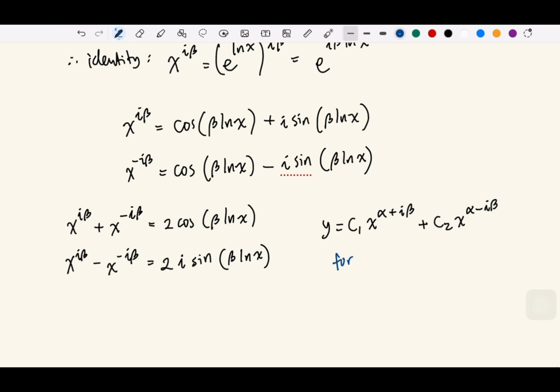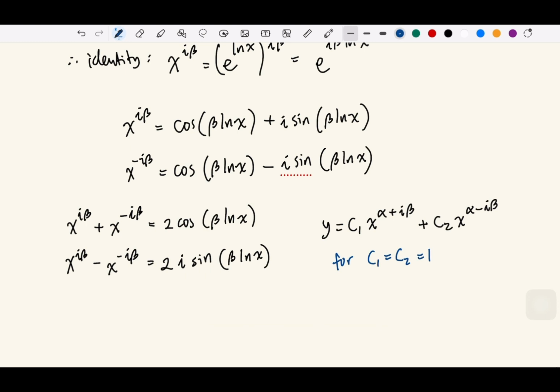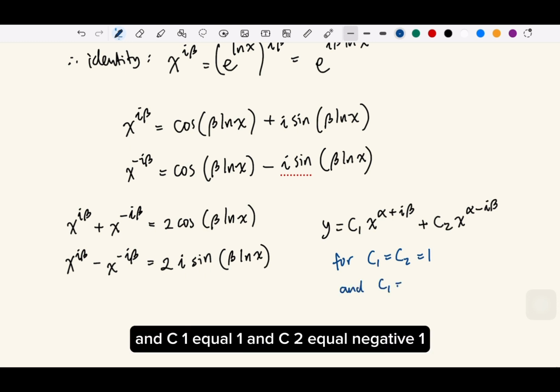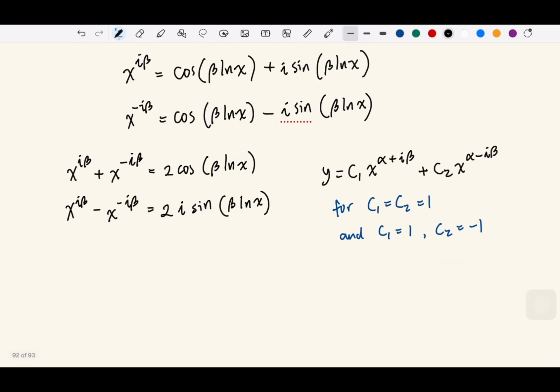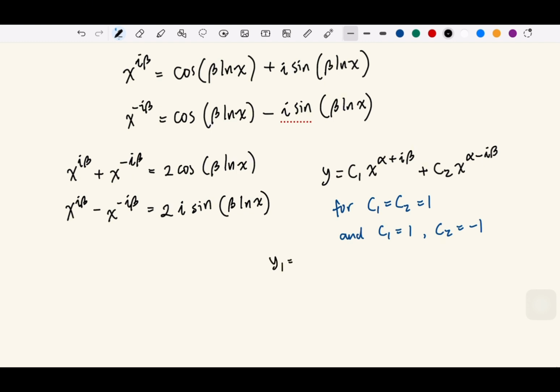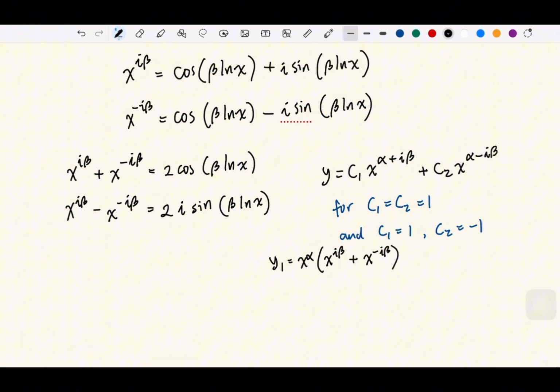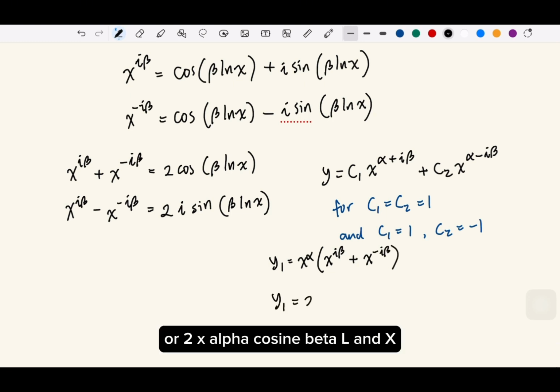For C1 equals C2 equals 1, and C1 equals 1 and C2 equals negative 1, we see that y1 will be x to the alpha times x to the i beta plus x to the negative i beta, or 2 x to the alpha cosine beta ln x.